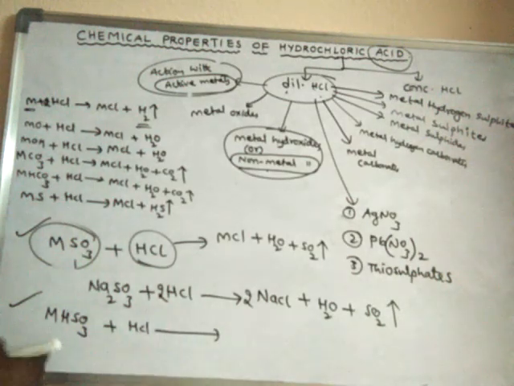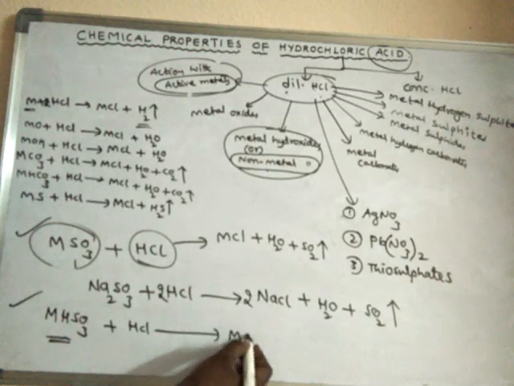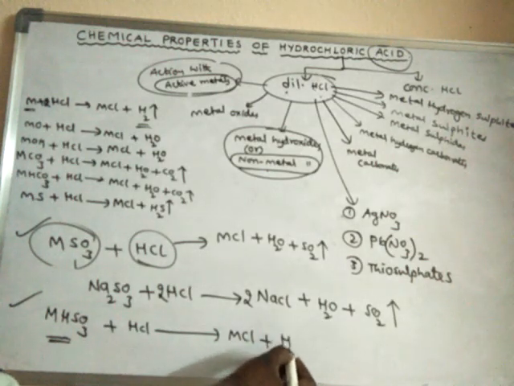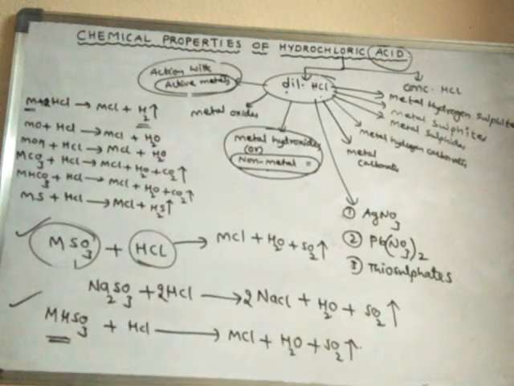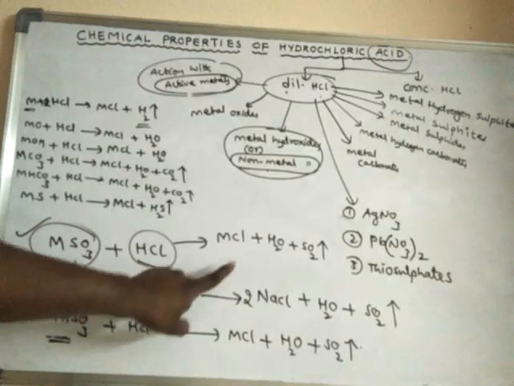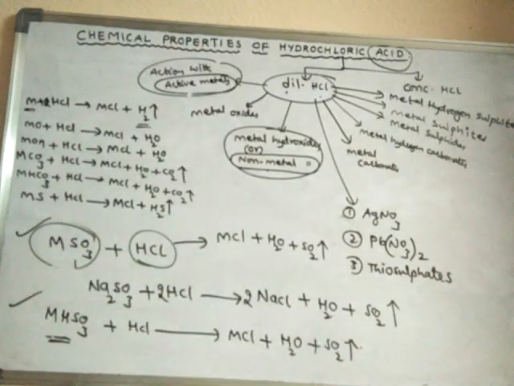So even in this case, metal hydrogen sulfites also will produce metal chloride plus water plus sulfur dioxide gas. So metal sulfites and metal hydrogen sulfites react in a similar fashion and the products formed are the same products.